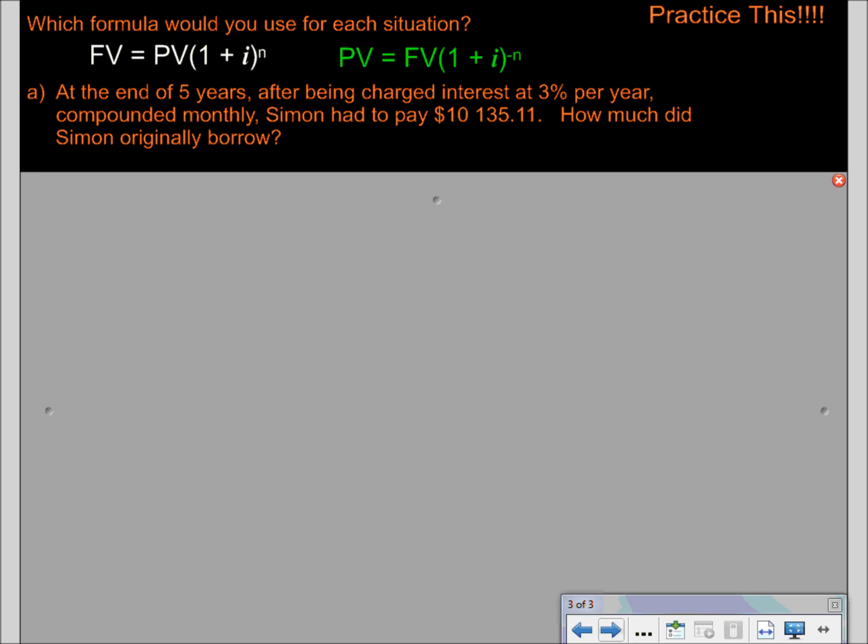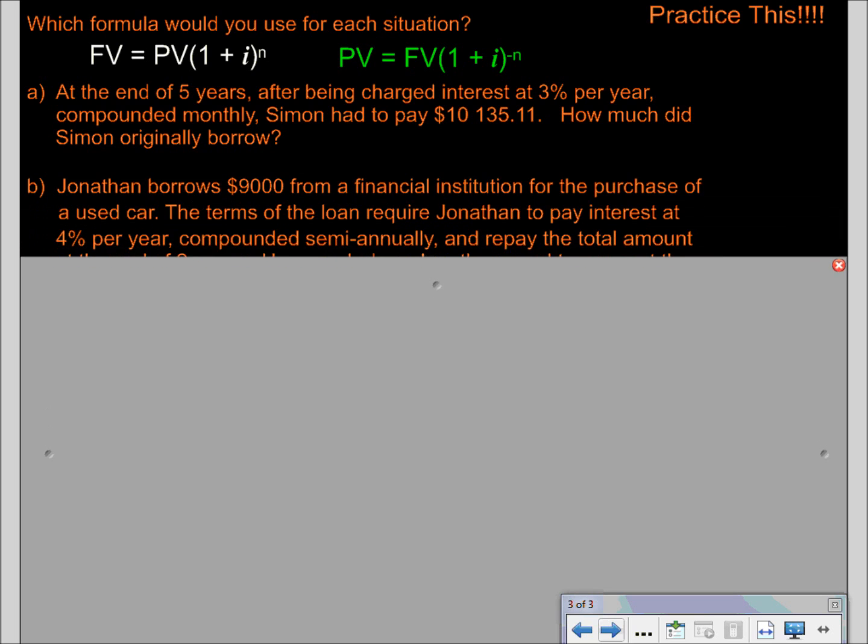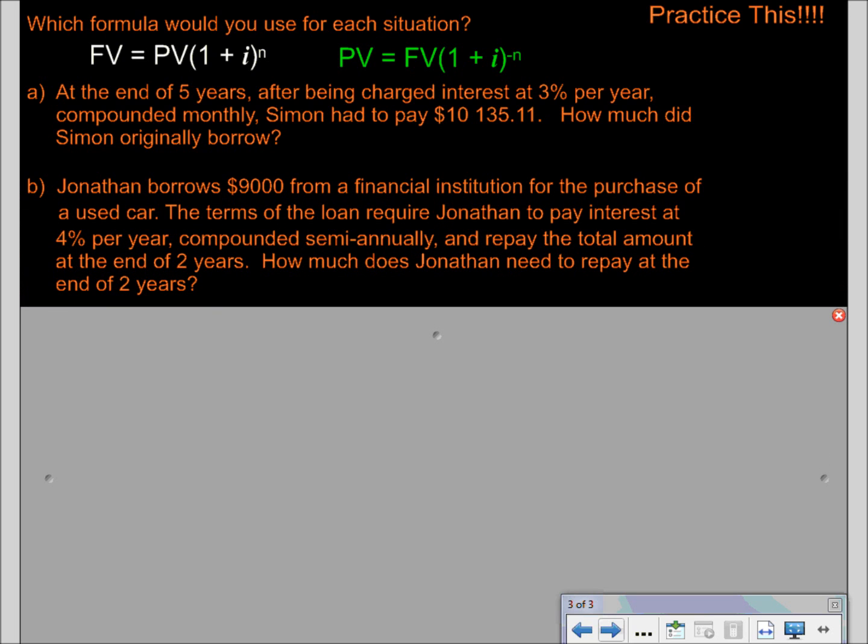So we know in the future how much he has, right? But we want to know how much he originally invested. Which one would you use? Present value. Okay. So Jonathan borrows $9,000 from a financial institution for the purchase of a used car.